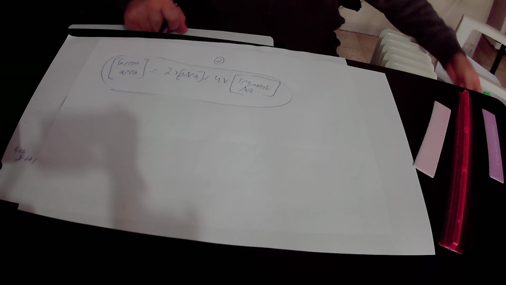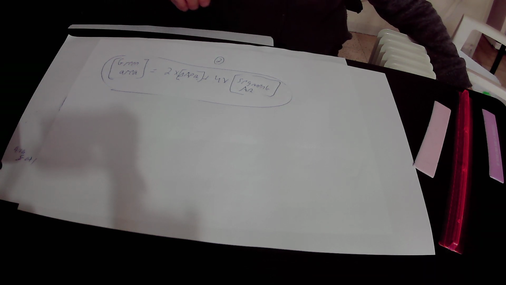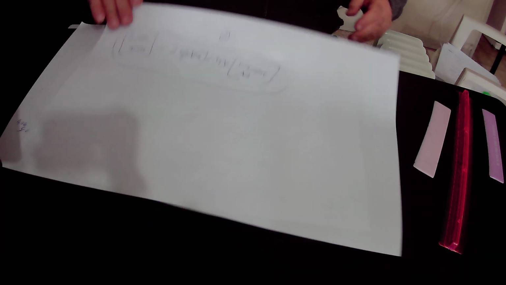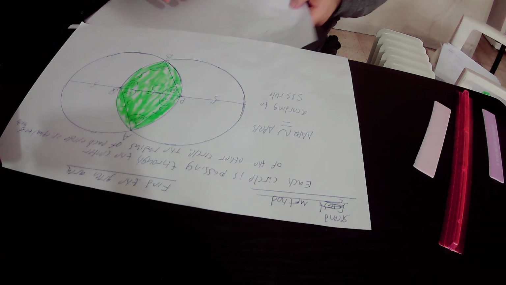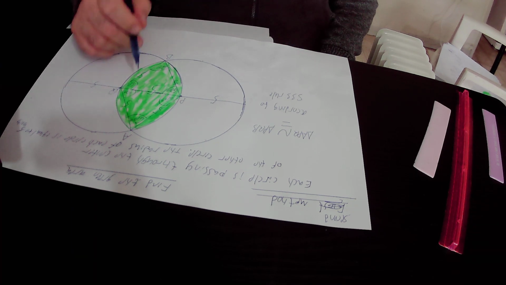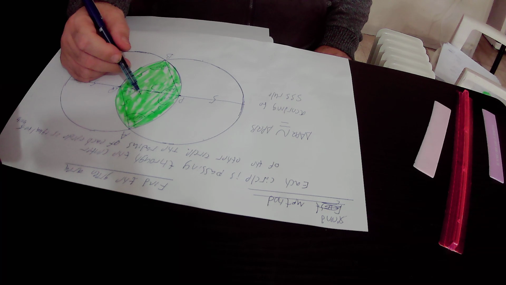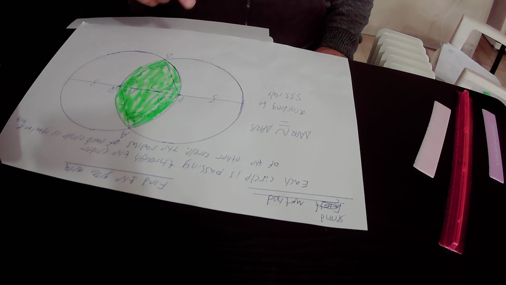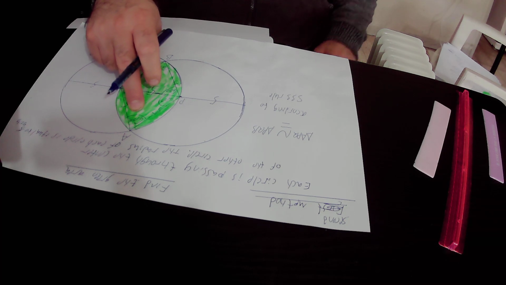Okay? So we'll find out the area of triangle APQ and we will multiply it by 2 in order to find out the area of those two equilateral triangles.